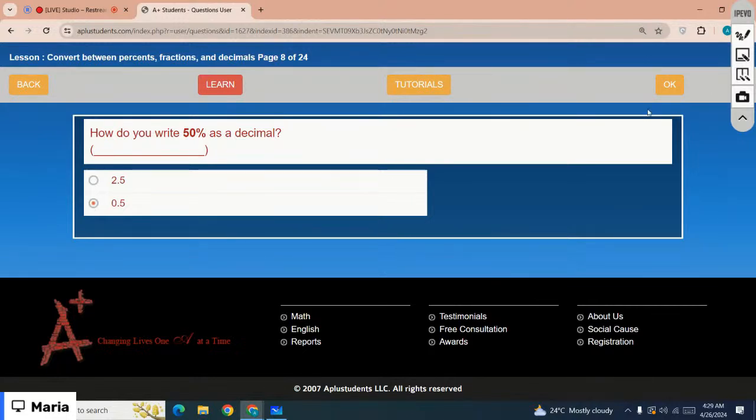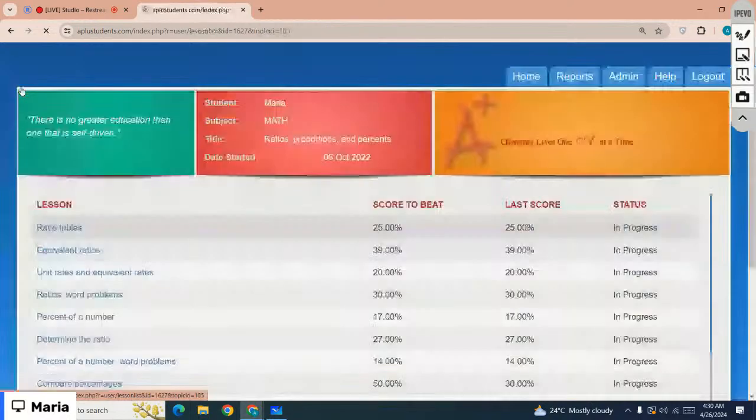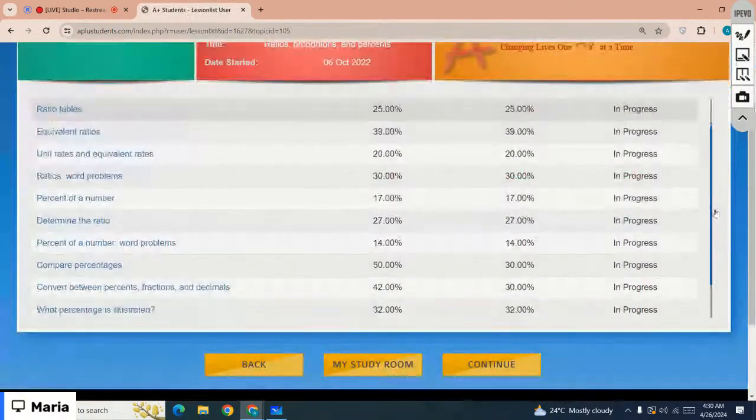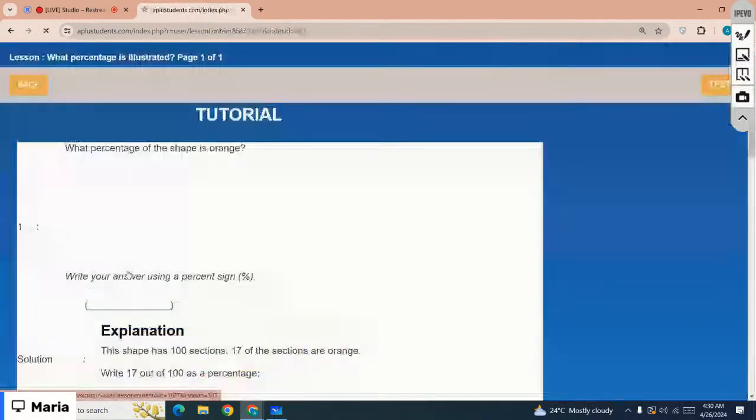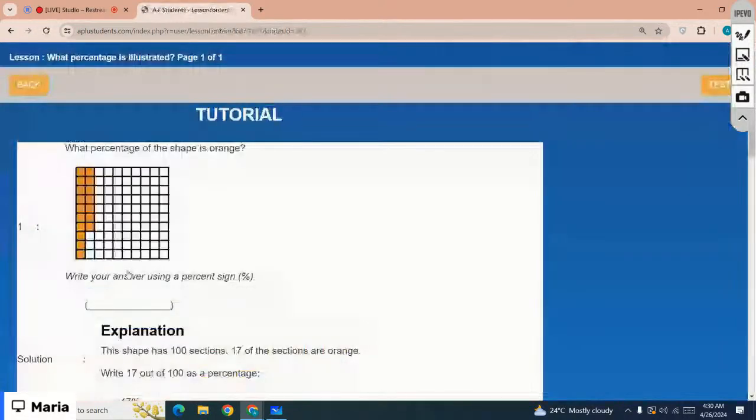Okay, you can complete the lesson by yourself later today. Let me just move on to the next lesson. What percentage is illustrated? What percent of the shape is orange?